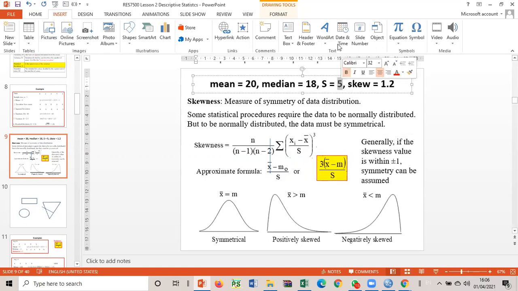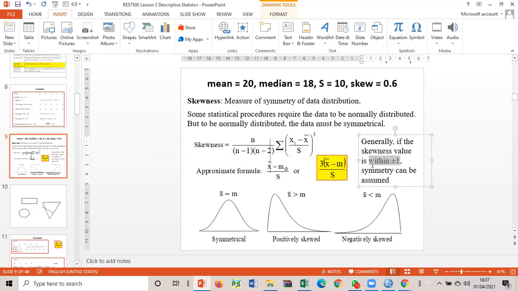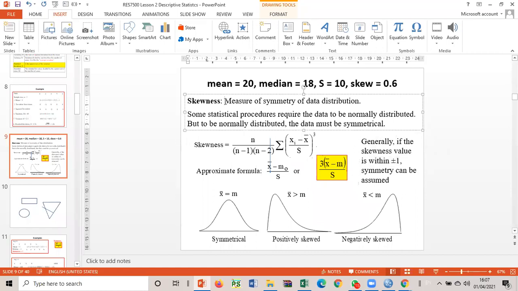If this is 10, what is the skewness value now? Come on, calculate. 0.6, sir. 0.6. Is it symmetrical? Yes. Is it within plus or minus 1? Yes. So we take values from minus 1 to plus 1.